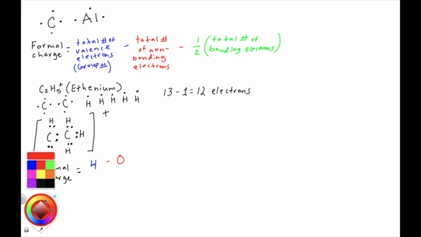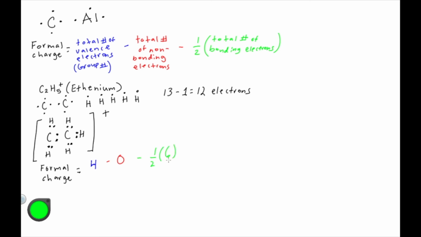And then finally, we're going to subtract 1/2 of the total number of bonding electrons, which in this case is going to be 1/2 times 6, right? Because the total number of electrons participating in covalent bonds for this carbon is going to be 1, 2, 3, 4, 5, 6, right?